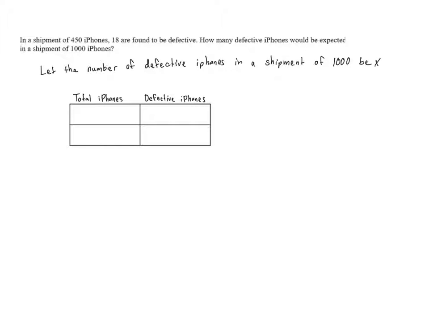And we have a smaller shipment where there's 450 iPhones, and then a larger shipment where there's 1,000 iPhones. And so that's how we're going to label the two different rows. We have the small shipment and the large shipment.